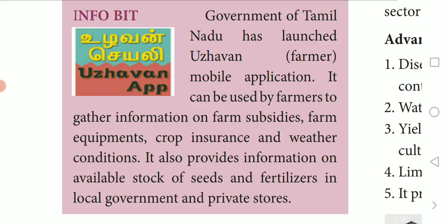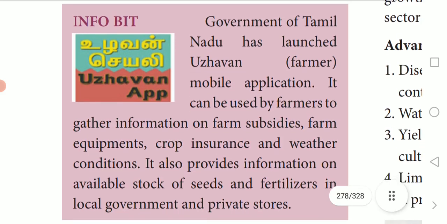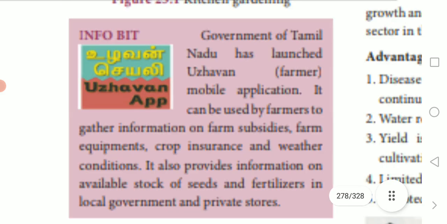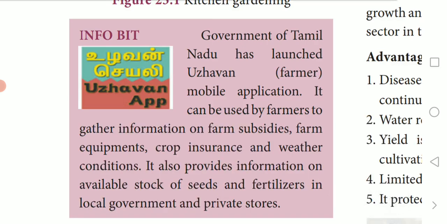It also provides information on available stock of seeds and fertilizers in local government and private stores. This is an important, useful app for farmers, where they can get equipment or subsidies from the government. Concession, that is what they call a subsidy, and crop insurance or other conditions.